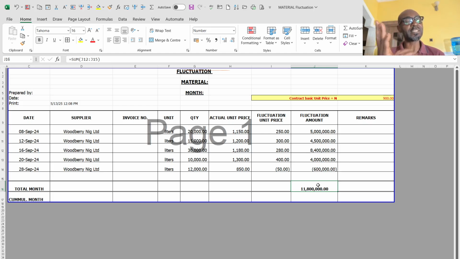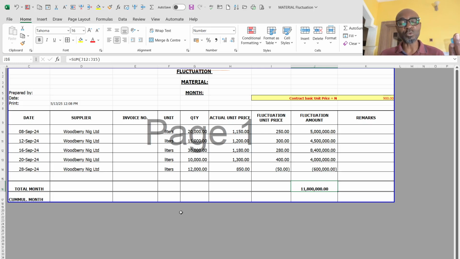So all of those documents you attach, the client's representative can check through them, and if he finds merit in all of your submissions and attachments, he will approve this amount.